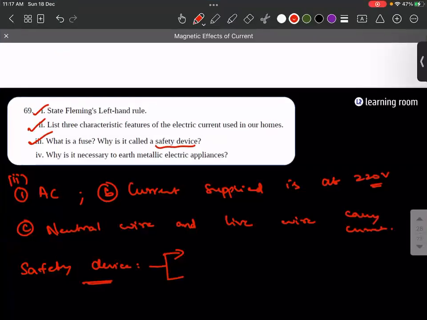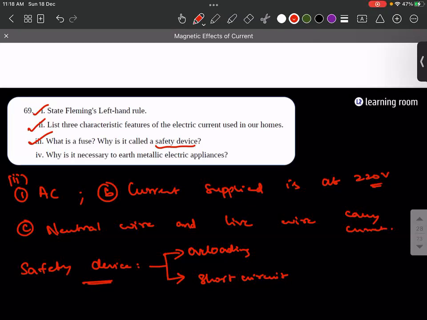One is due to overloading, and the second is due to short circuit, right?